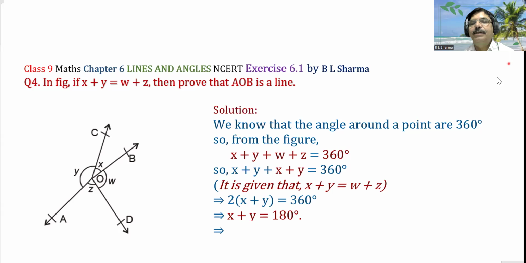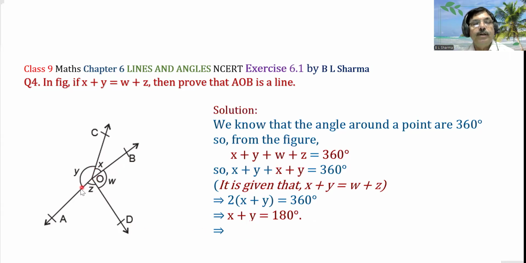आप देखेंगे यहां पर, see, x and y are two adjacent angles and their sum is 180 degree. That is why, by linear pair axiom, when the sum of two adjacent angles is 180 degree, then their non-common arms form two opposite rays.